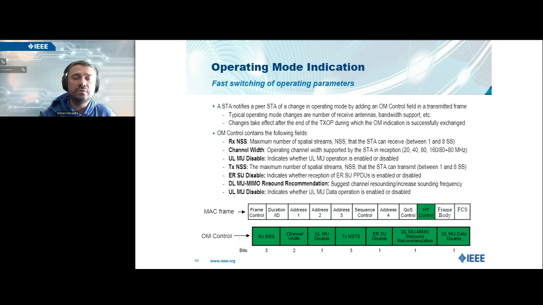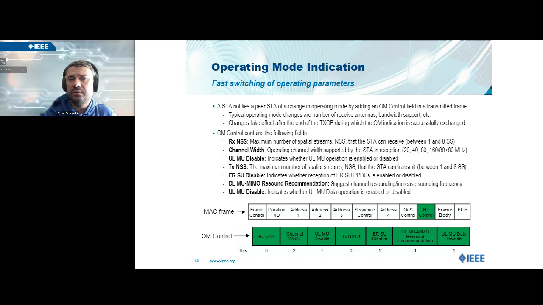This is particularly useful for the trigger-based PPDU case, where the access point is the one dictating the NSTSs for the TB PPDUs. There are additional functionalities embedded in this particular control field. One is uplink MU disable, so the station can dynamically enable or disable uplink multi-user operation depending on its needs.